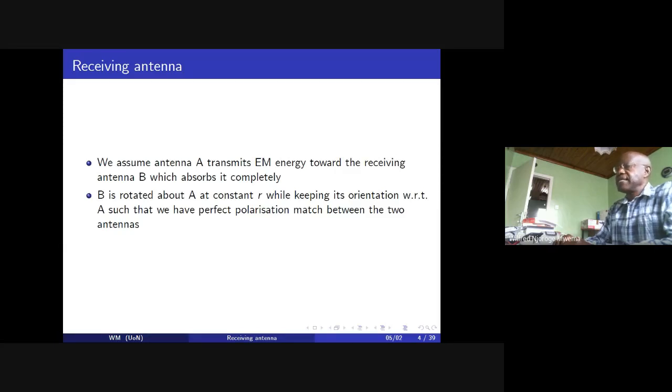So all we are saying is that antennas A and B will always be arranged such that the maximum power is absorbed by B all the time.